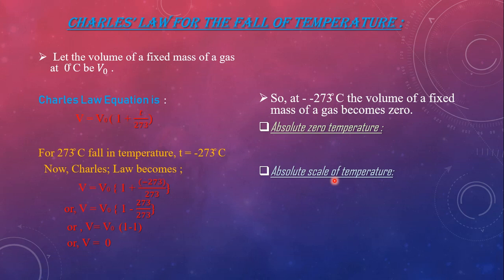But the starting point of the absolute scale of temperature is absolute zero temperature. So they have taken minus 273 degrees Celsius to be the zero of this absolute scale of temperature.